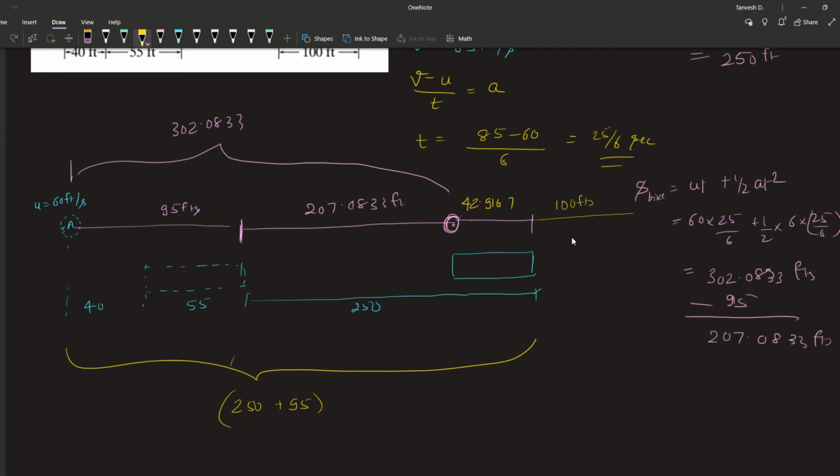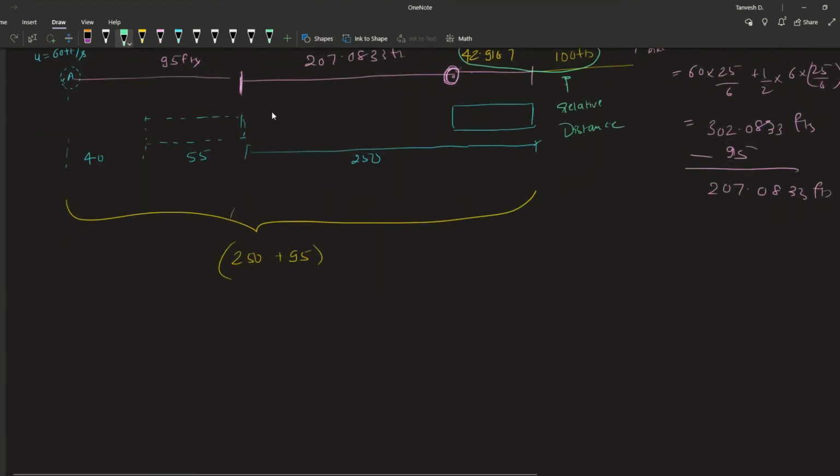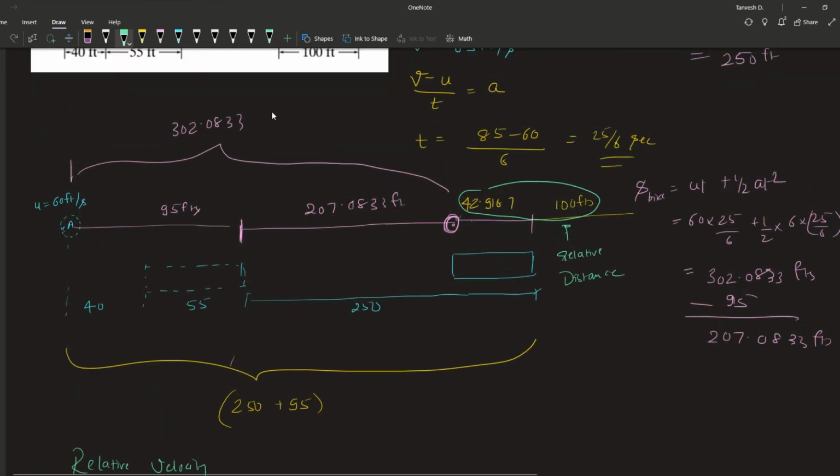142.9167 feet. To travel this relative distance, the velocity with which it will be traveling will also be a relative velocity. The velocity with which the bike travels is also a relative velocity, and that relative velocity will be the velocity of the bike minus velocity of the truck.